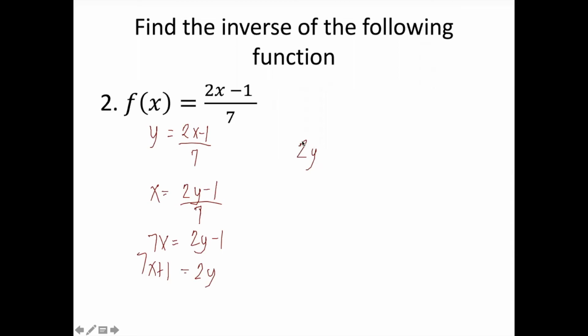So y is just equal to 7x plus 1 over 2. So the inverse is 7x plus 1 over 2. So this is the second example.